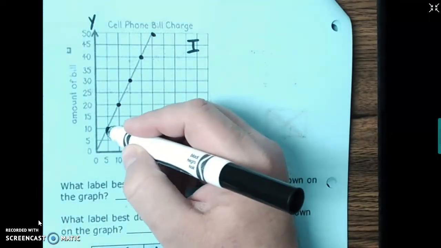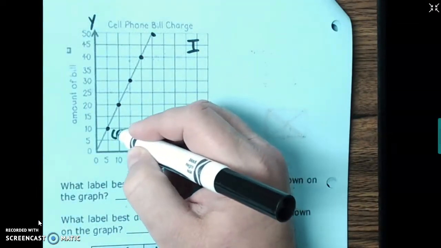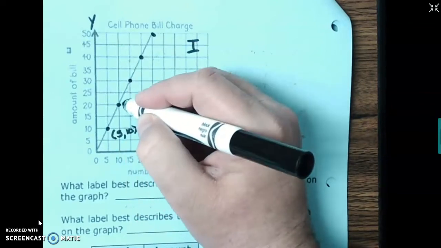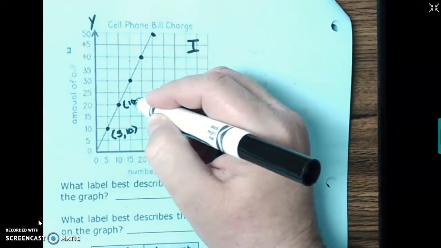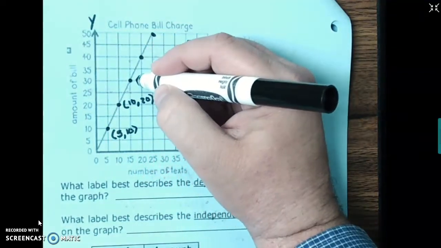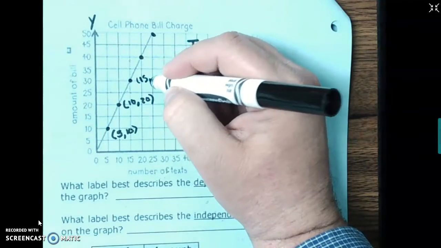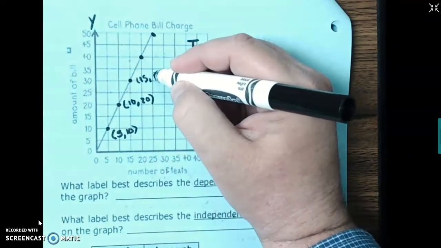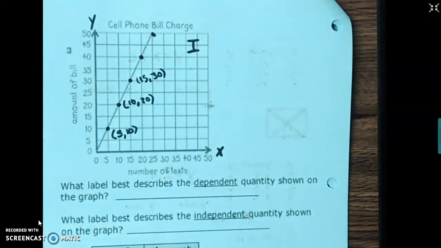So this one is at 5 as my x value and 10 as my y value. This one is at 10 as my x value and 20 as my y. 15 and it goes 15 and 30. Okay, so that's all I'm going to do for now.